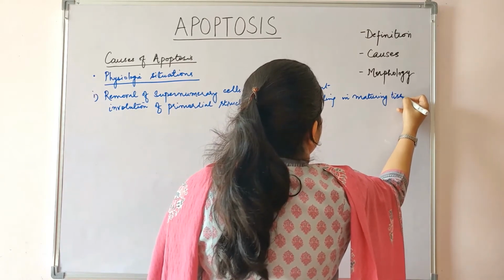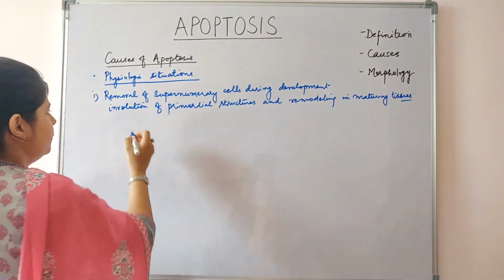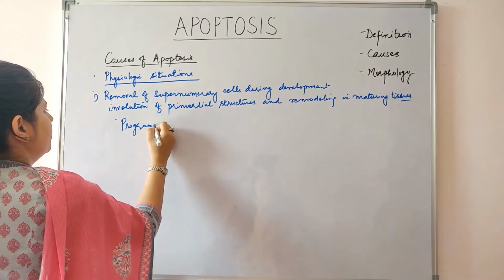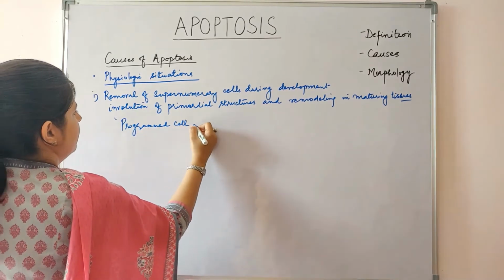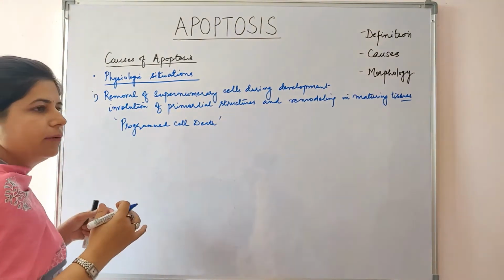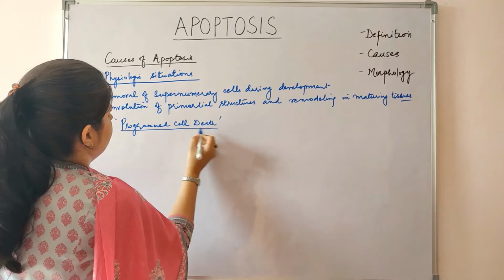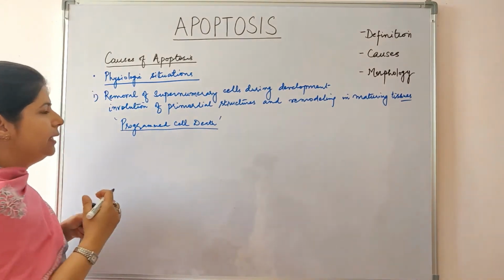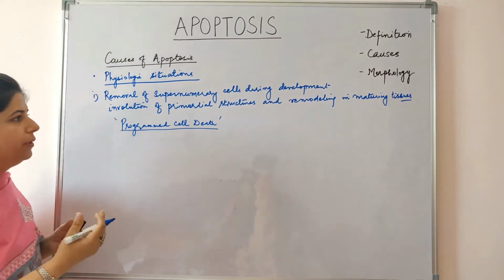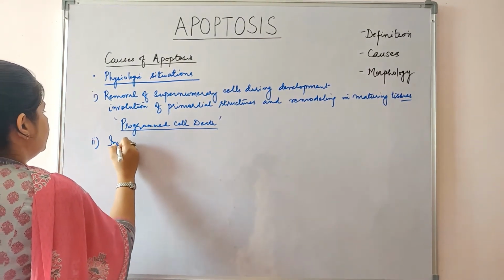When cell death is occurring in the context of development and embryogenesis, we use the term programmed cell death. And when we are talking about this pattern of cell death, we use the term apoptosis. So programmed cell death is used in the context of removal of cells during development, during embryogenesis.